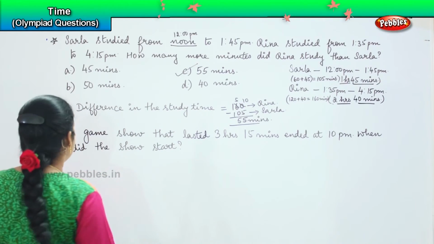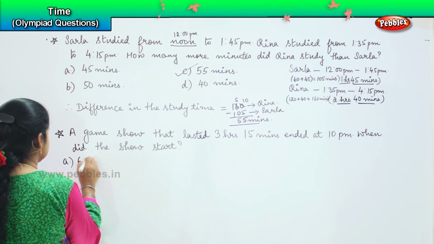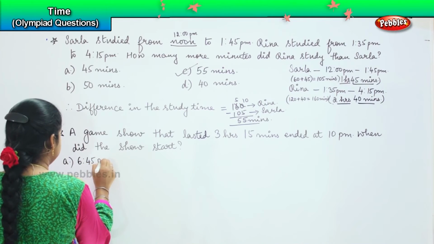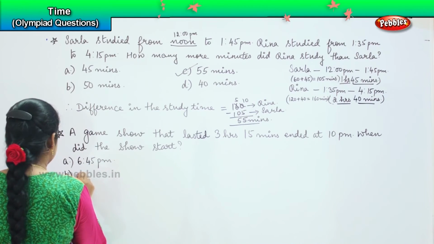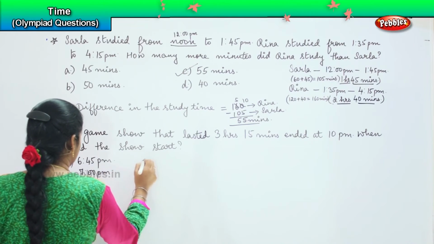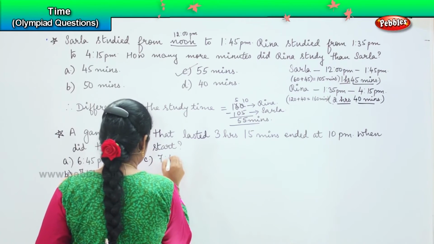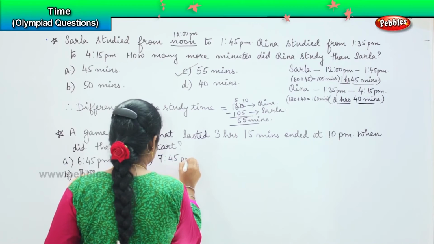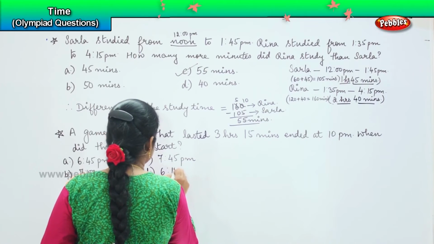Okay, and the options given are A 6:45 p.m., option B 7 p.m., option C 7:45 p.m., and option D 6:15 p.m.